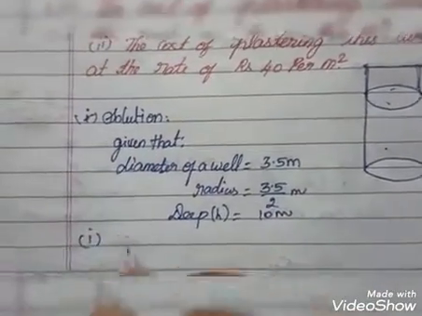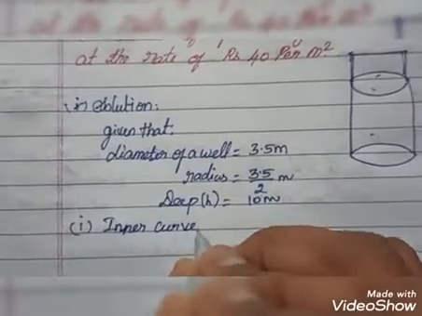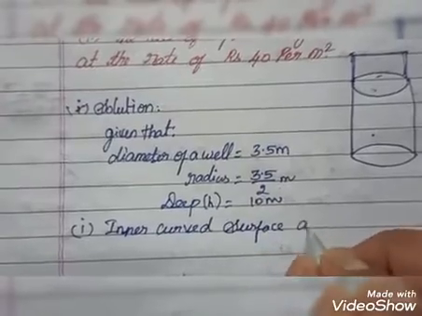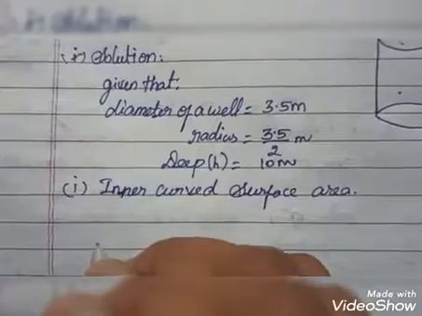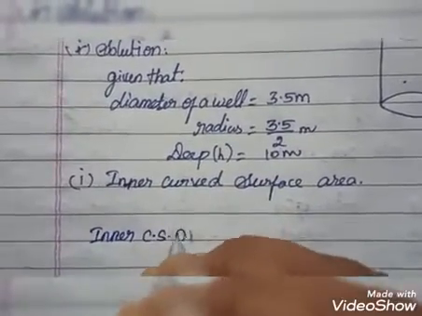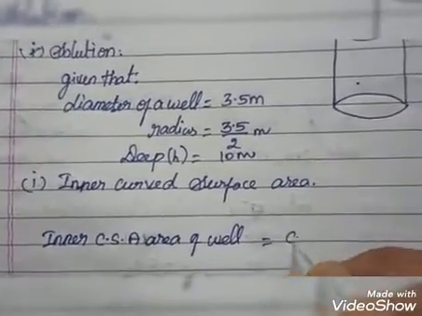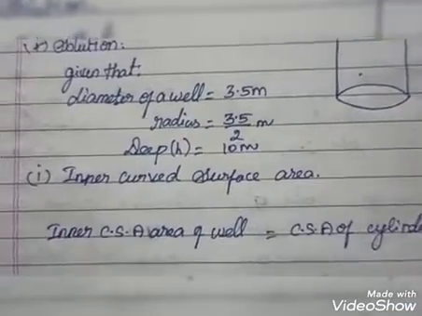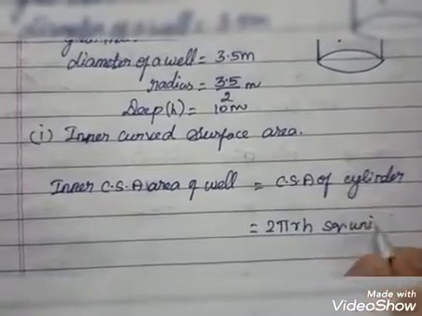So first we need to find the inner curved surface area. Inner curved surface area of well is equal to curved surface area of cylinder, which is equal to 2 pi r h square units.